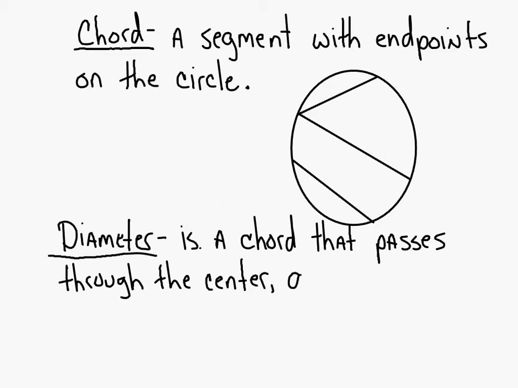The diameter is equal to 2 times the radius. In this diagram, segment AB is a chord. Segment AC is a chord. Now, if segment AC also goes through the center of the circle, then AC is a chord and it's the diameter.